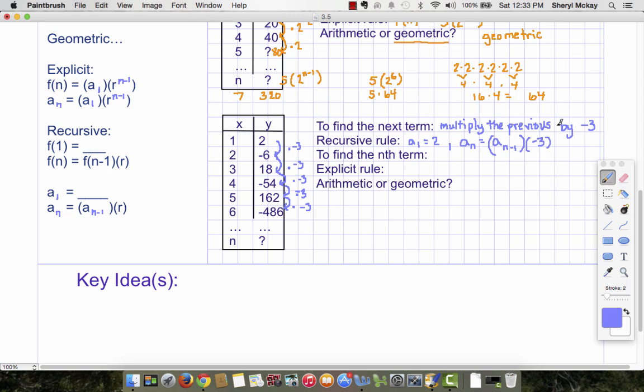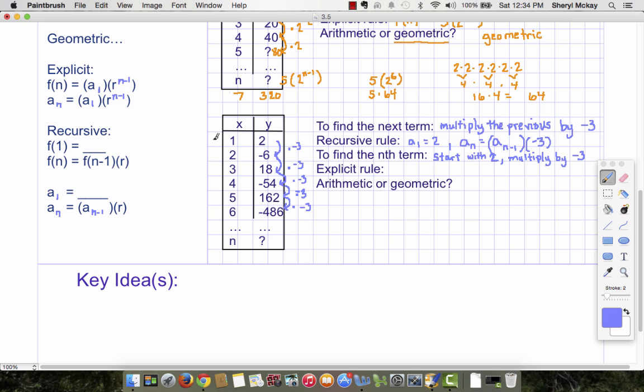So how do I find the nth term? I'm going to start with 2 and multiply by negative 3 to the, let's see if it's to the nth power or to the n minus 1 power.